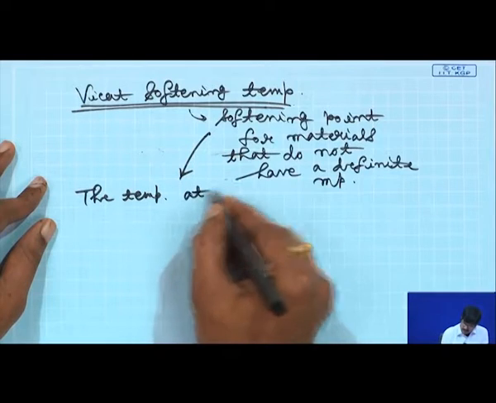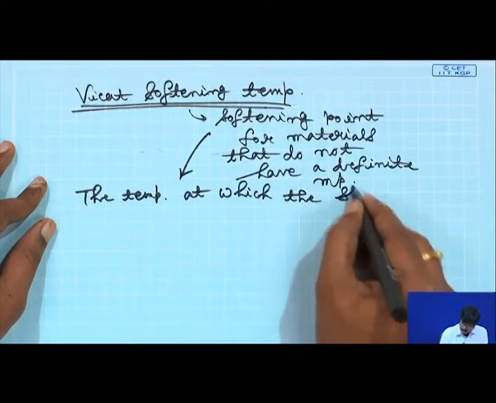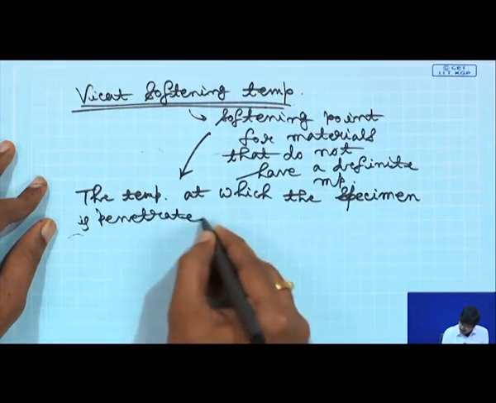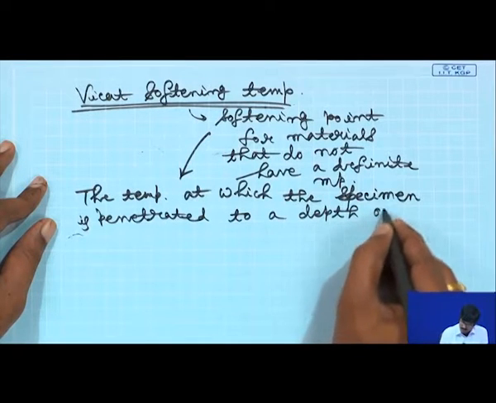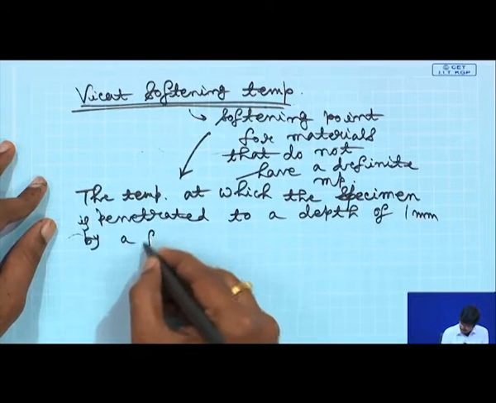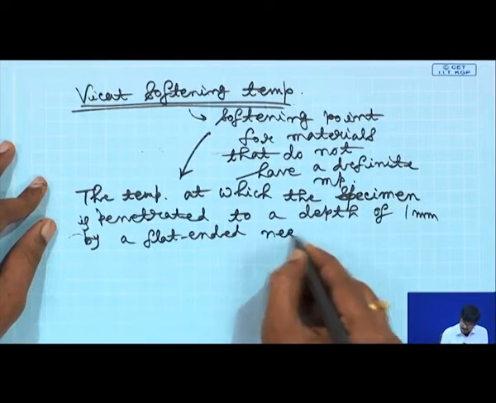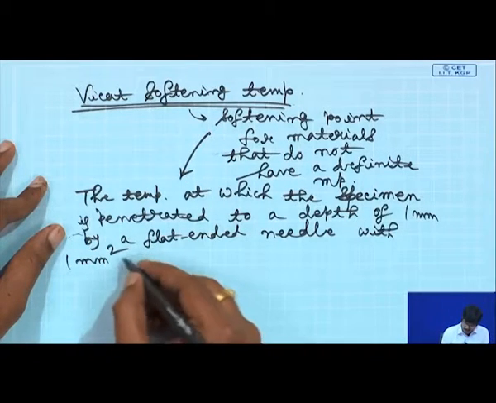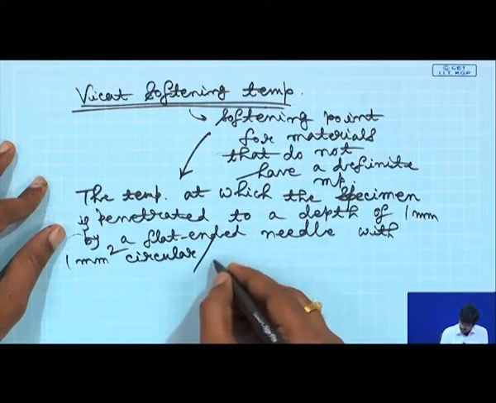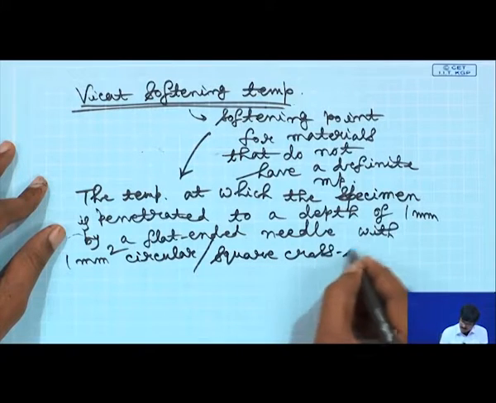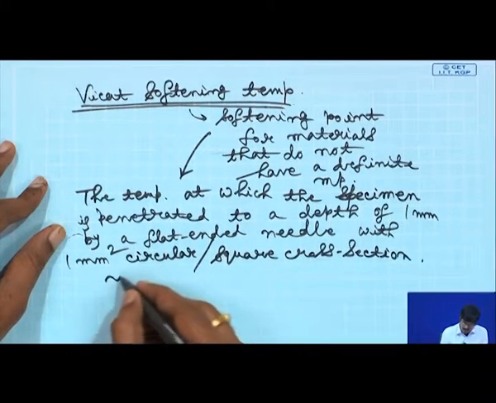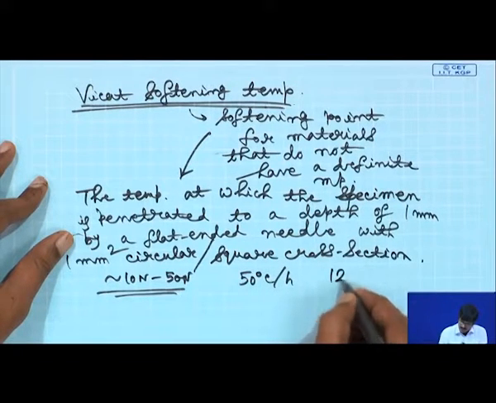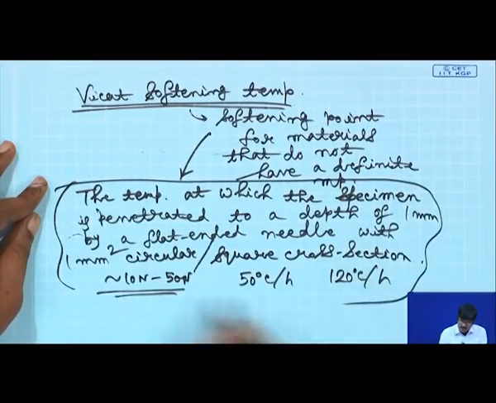The temperature at which the specimen is penetrated to a depth of 1 millimeter by a flat ended needle with 1 millimeter square circular or square cross section, and you are using a load of around 10 Newton to 50 Newton and a specific heating rate, say 50 degrees Celsius per hour or 120 degrees Celsius per hour. So, basically this is an experimental process through which you determine the Vicat softening temperature.